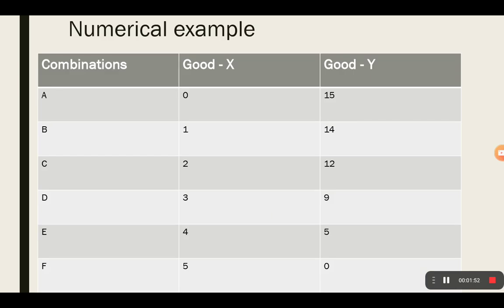Now let's see this with an example. Let's take 6 combinations, combination A, B, C, D, E and F. Let's say two goods are to be produced, good X and good Y. While drawing the PPC, since we have assumed that our resources and technology are constant, we have to sacrifice the production of one good to gain the production of another good.